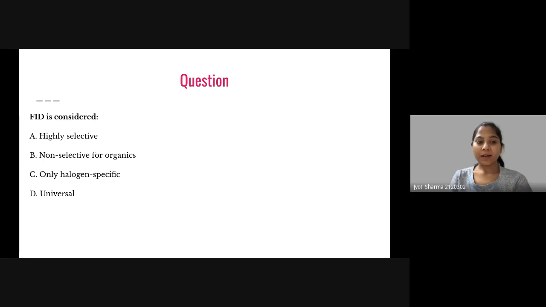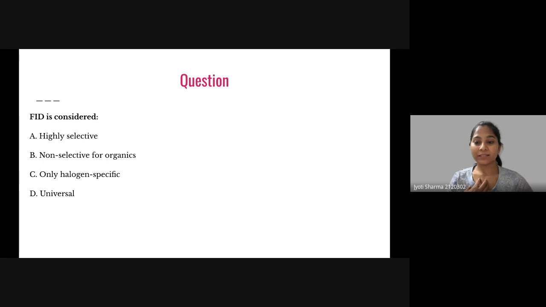FID is considered highly selective, non-selective for organics, only halogen specific, universal. FID is not highly selective. It can't detect much. So let's say if I have alkane, if I have aromatics, or let's say aldehyde, so it is not highly selective.